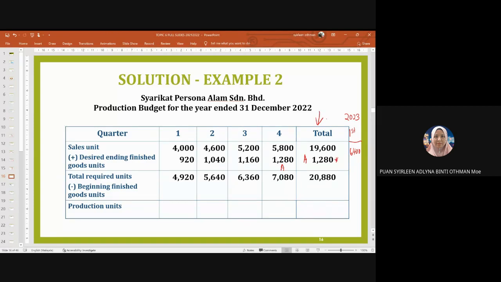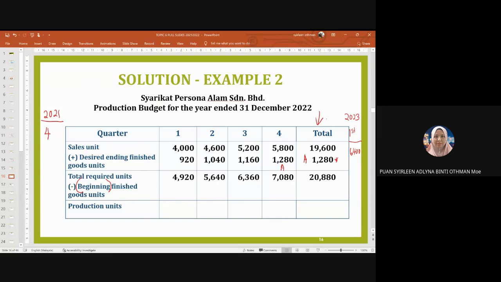Ya. Okay, now kita nak isi untuk beginning inventory. Sekarang ni, beginning inventory quarter 1 adalah ending inventory quarter 4 2021. Betul tak?